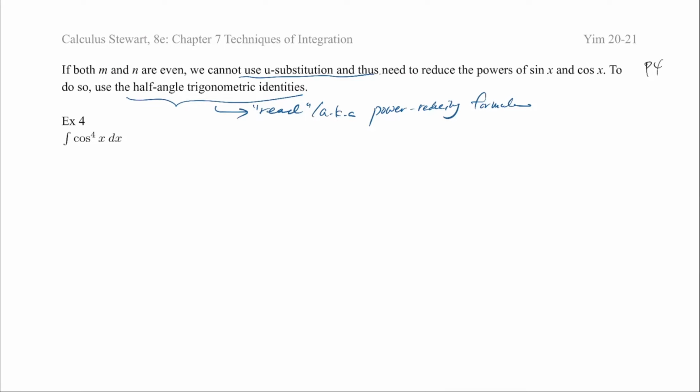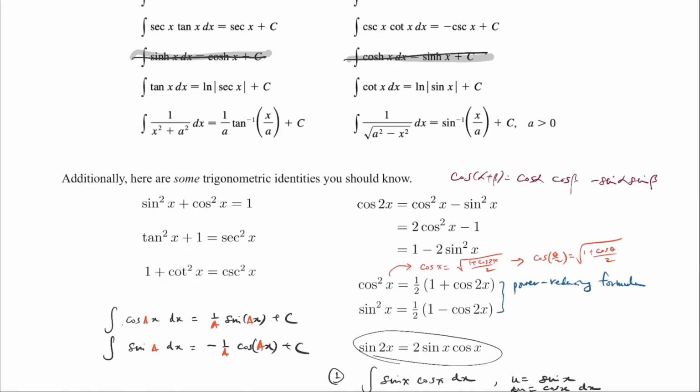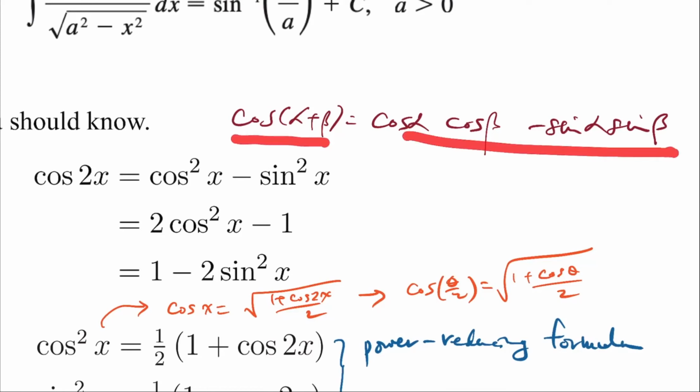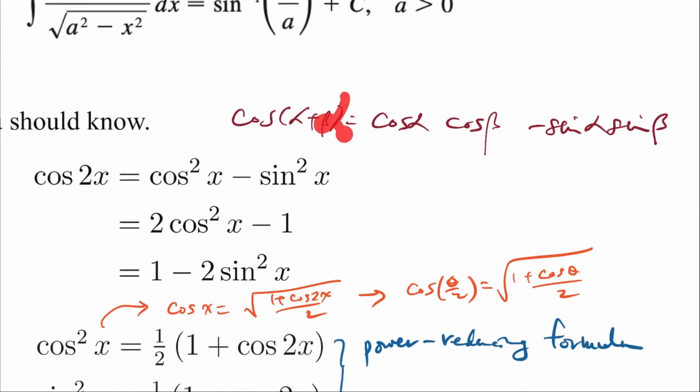Okay? Now, going back to last year, you should know that the angle sum of the cosine is equal to this. But what if they're both alphas? It's 2 alpha. Then that becomes an alpha, that becomes an alpha. That's cosine squared, sine squared. Check.